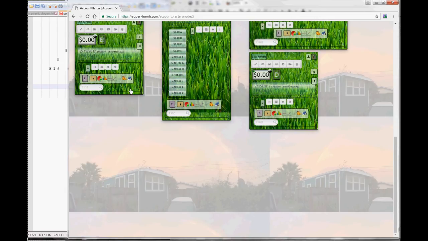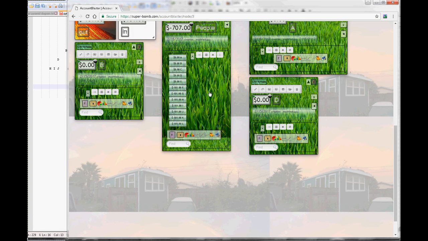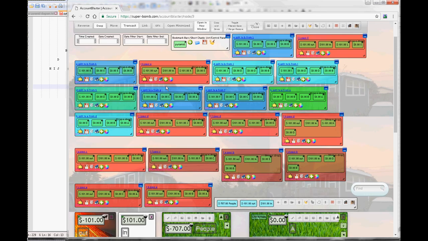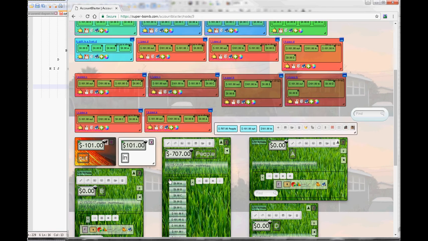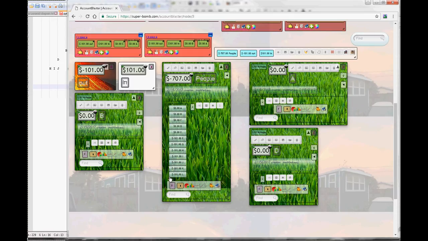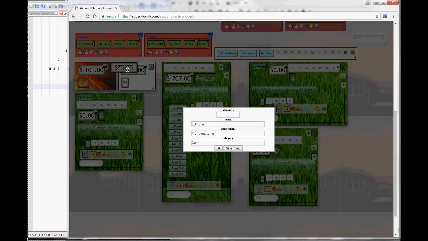There's lots of ways, you could get creative. So let's do a 0.3, $0.3, $1.